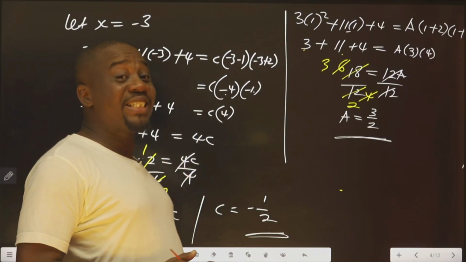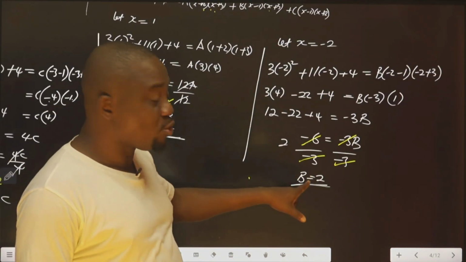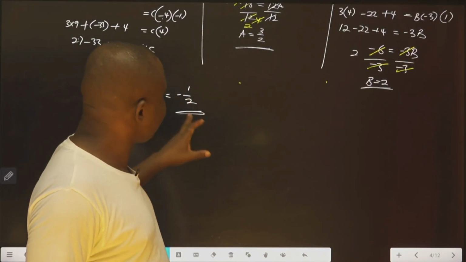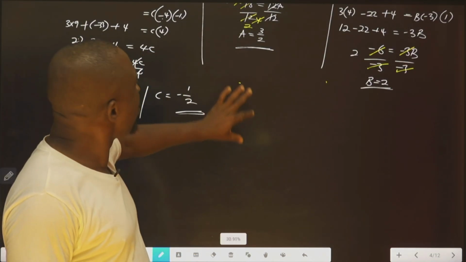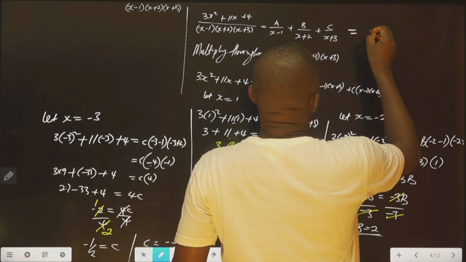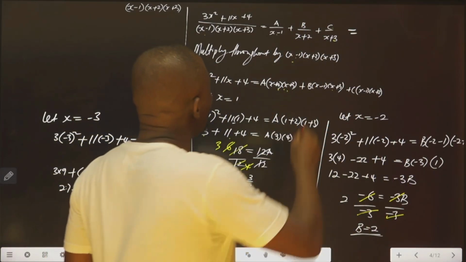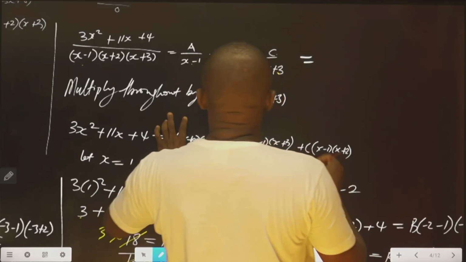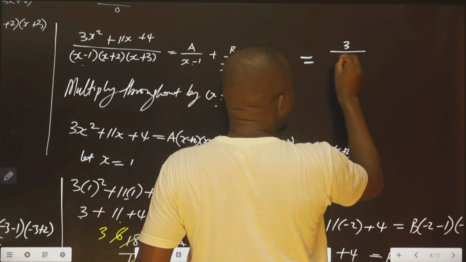Now we have our 3 values: 3 over 2, 2, and minus 1 over 2. Now, we go back to this place to replace this. Now we have a as what? 3 over 2. We come here to say, in place of a, we put 3 over 2.